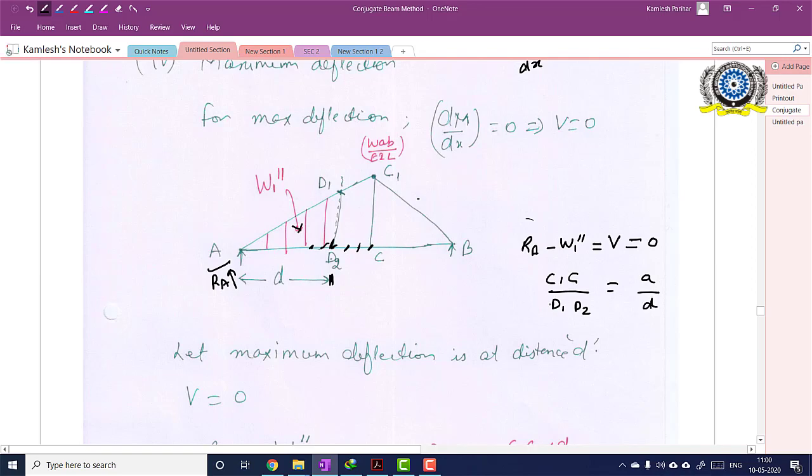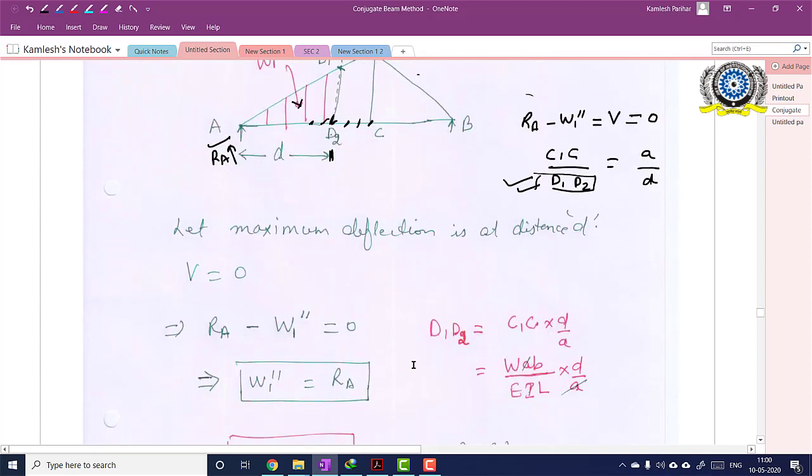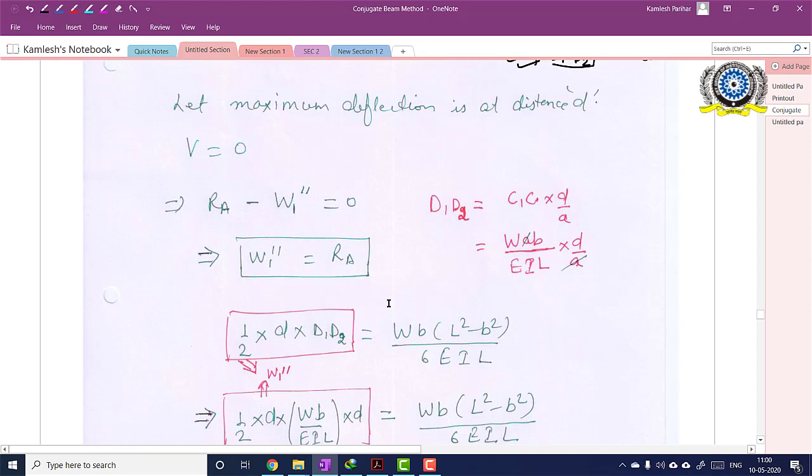From this similar triangle we can find out this value. So I have found out this value d1 d2 also from similar triangles. This is the calculation, and here I have found out W1 double dash.